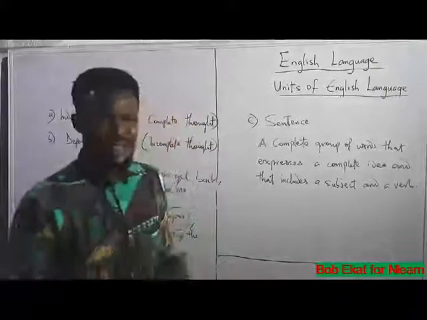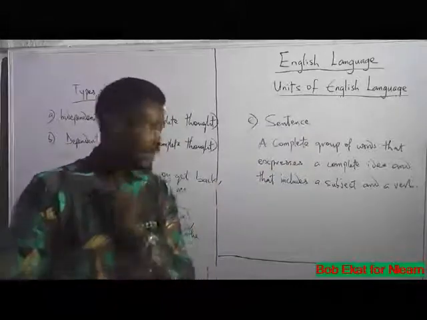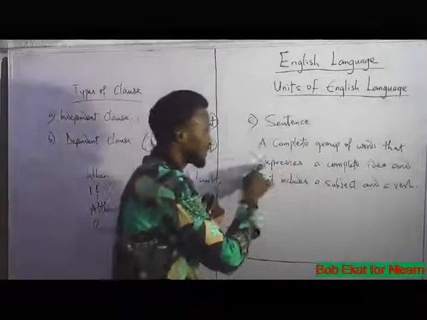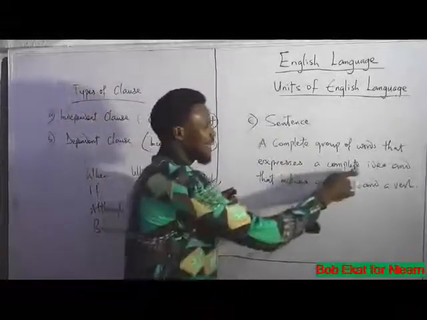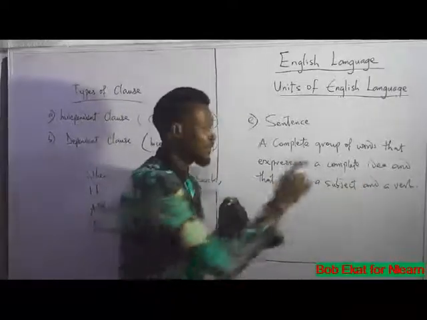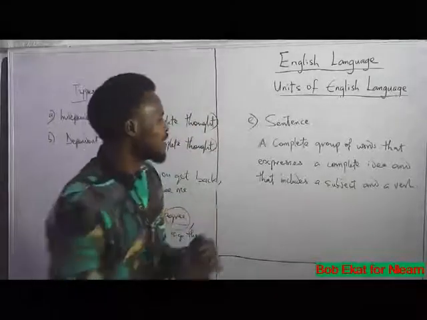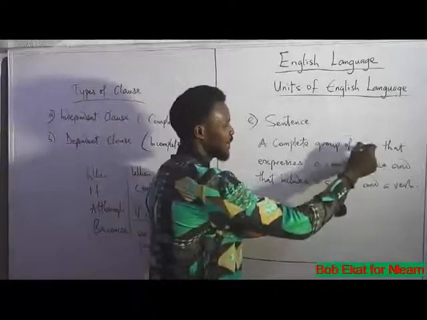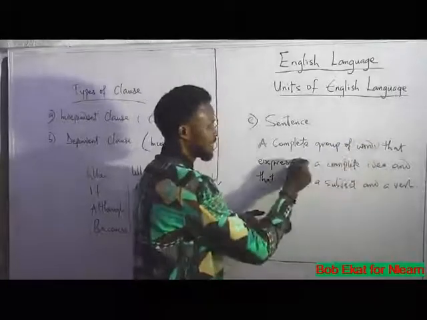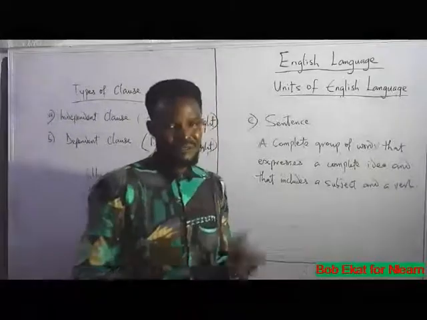So, a sentence is a complete group of words that expresses a complete idea and that includes a subject and a verb. You may be wondering why each time I say words, I follow it up with expresses, which seems like a fault in Concord.